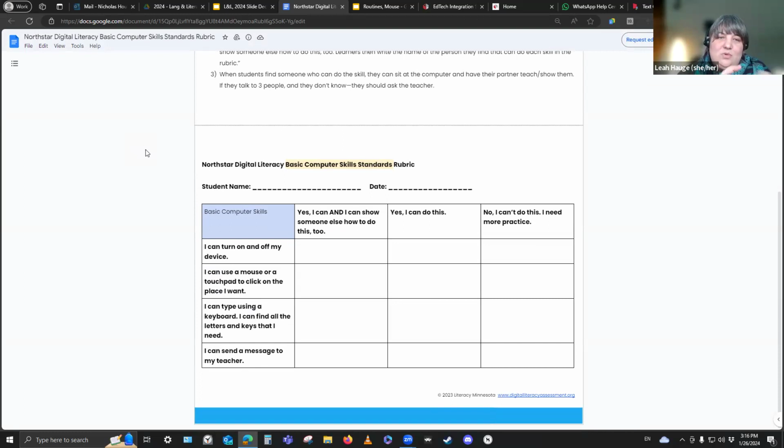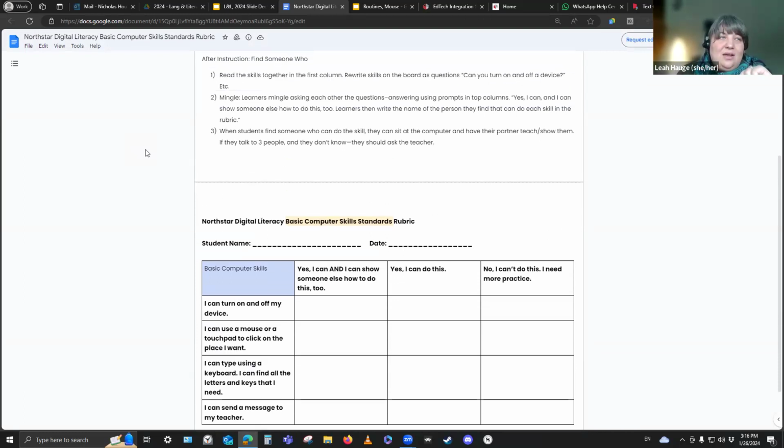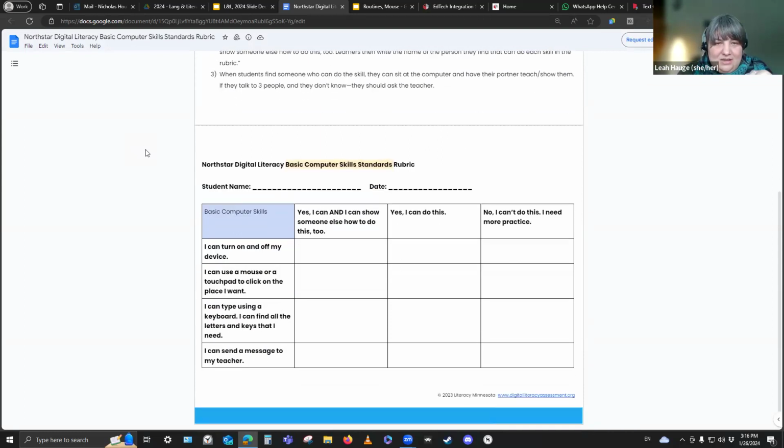Again, there's one rubric created for each topic. One of our teachers had suggested in this rubric here on the screen that they would rather break those skills apart even further. Like I can turn on my device would be one row, and I can turn off my device would be another. You can certainly do that and make it work best for your classroom and what you're teaching. But of course, with North Star, we say use the assessments as a place to gauge where students are at before instruction.